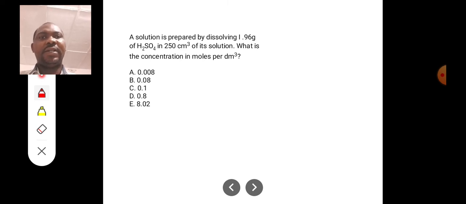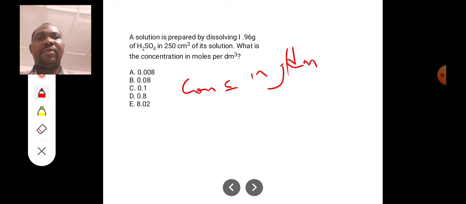Now, another question says a solution is prepared by dissolving 1.96 gram of H2SO4 in 250 cm³ of solution. What is the concentration in mole per dm³? Maybe we can get the concentration in grams per dm³ first. That's one way we can do that quickly. The concentration in grams per dm³ is the mass, 1.96, all over the volume.